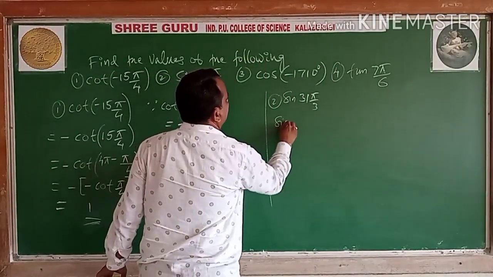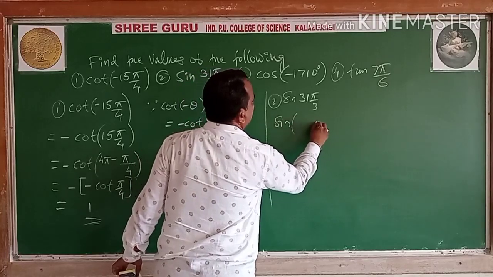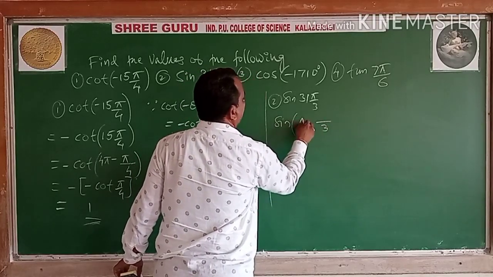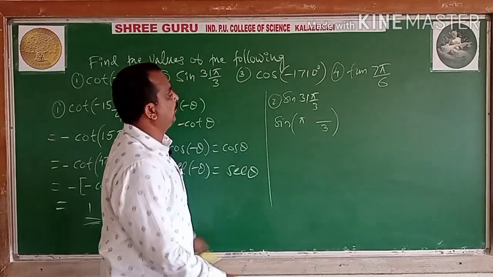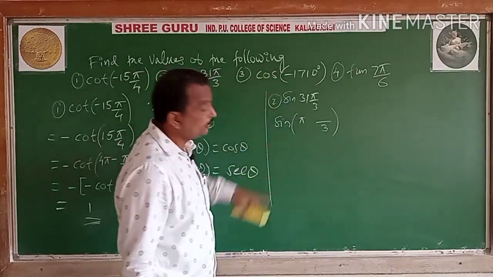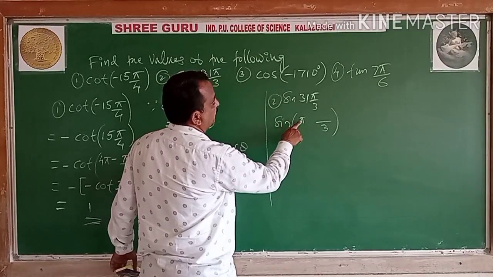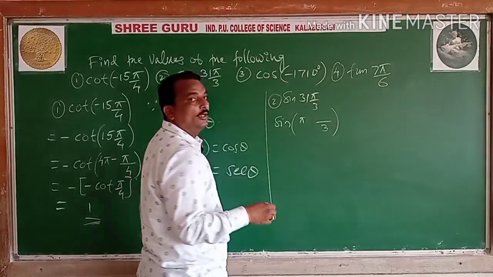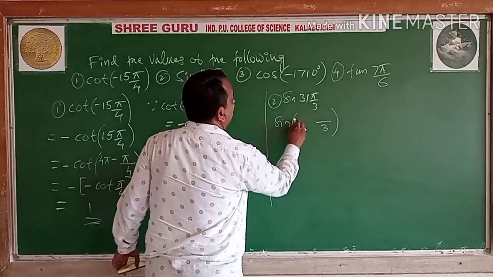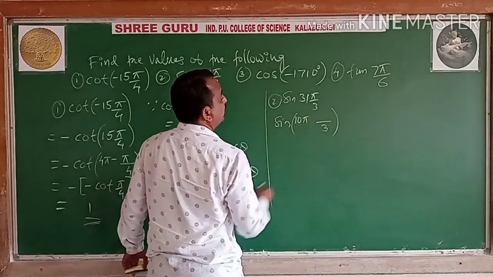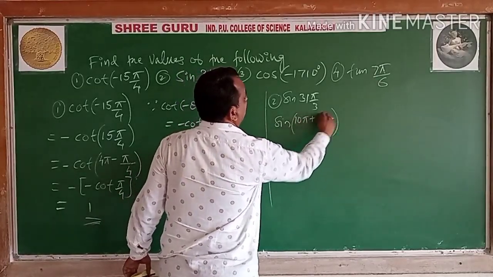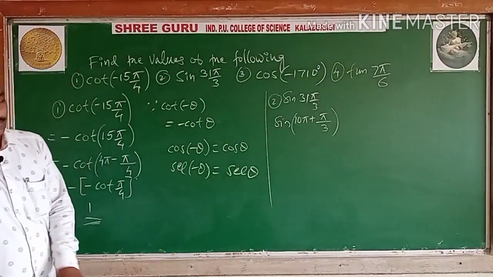Take the denominator, take pi, and multiply it. 1 pi, 3 pi... we want 31 here. 30 is not enough, so take plus. Is it clear, students?